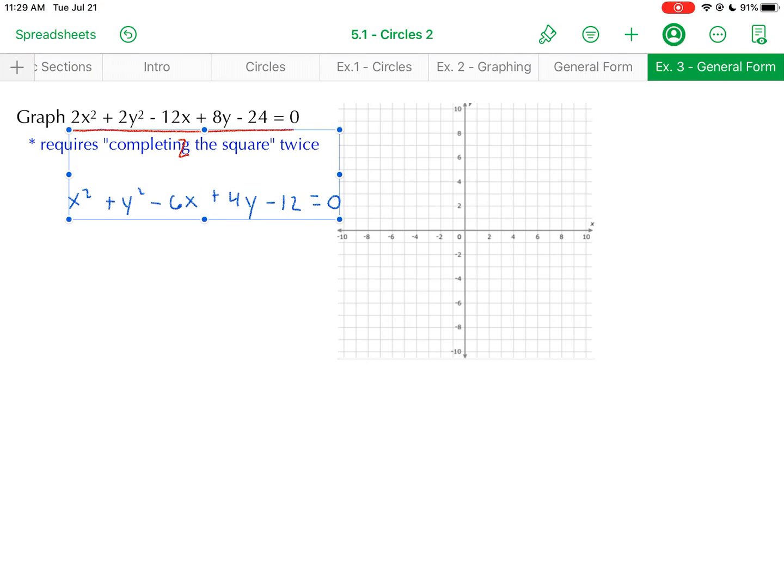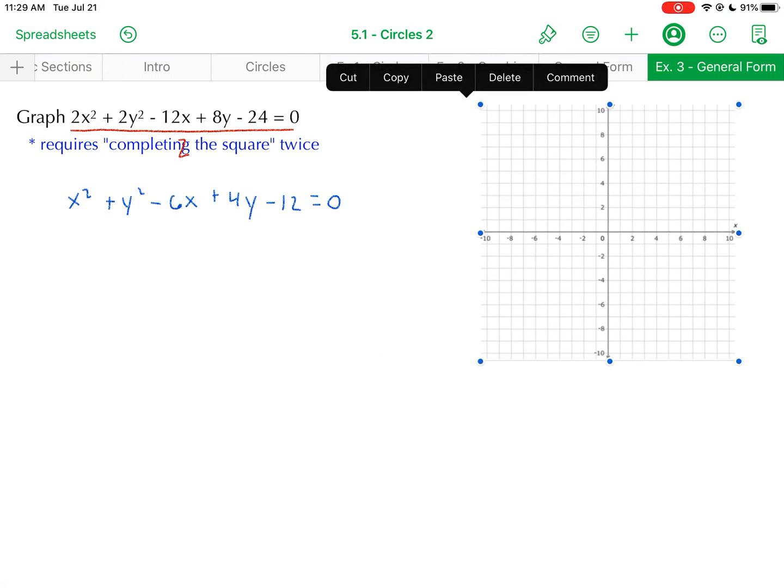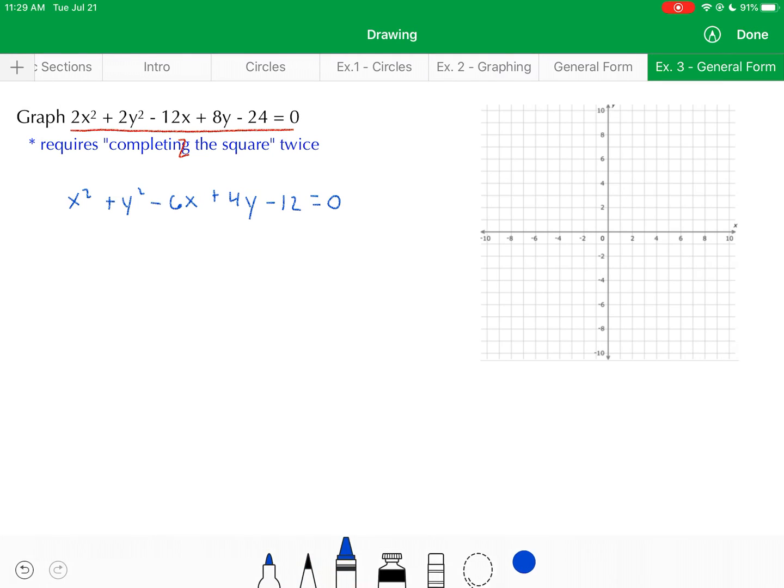Let me move this. Need some more room here. Okay, so now here's going to be the setup. I'm going to group together x squared with negative 6x. So the squared term and the linear term that involve x are coming together. And then I'm going to add on to it a blank, which I'll use to complete the square.